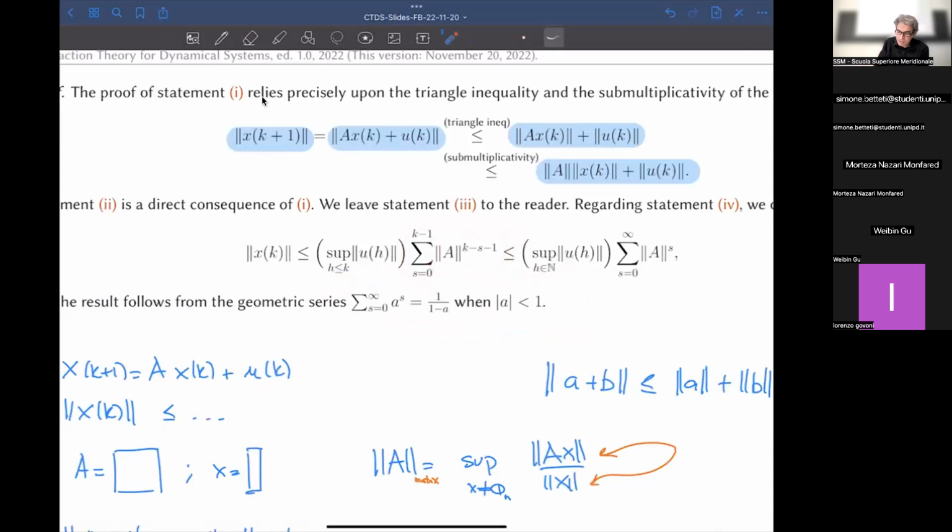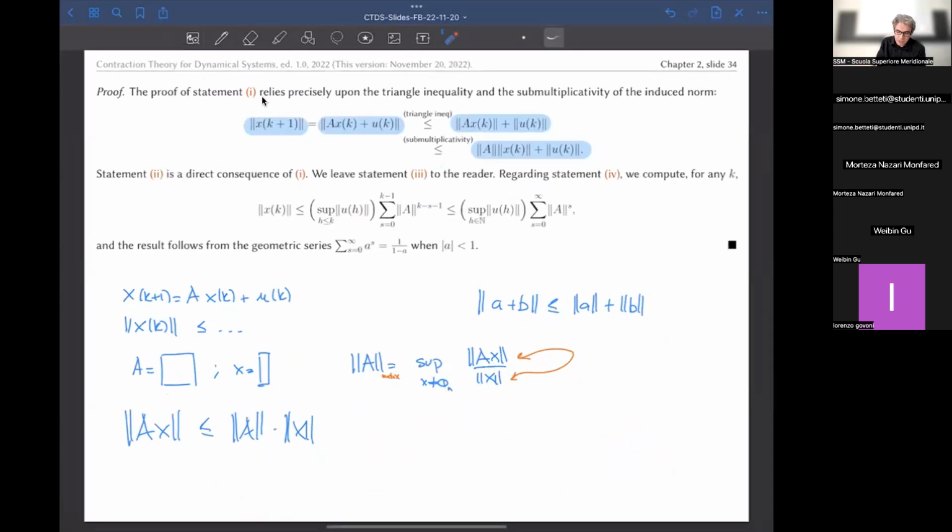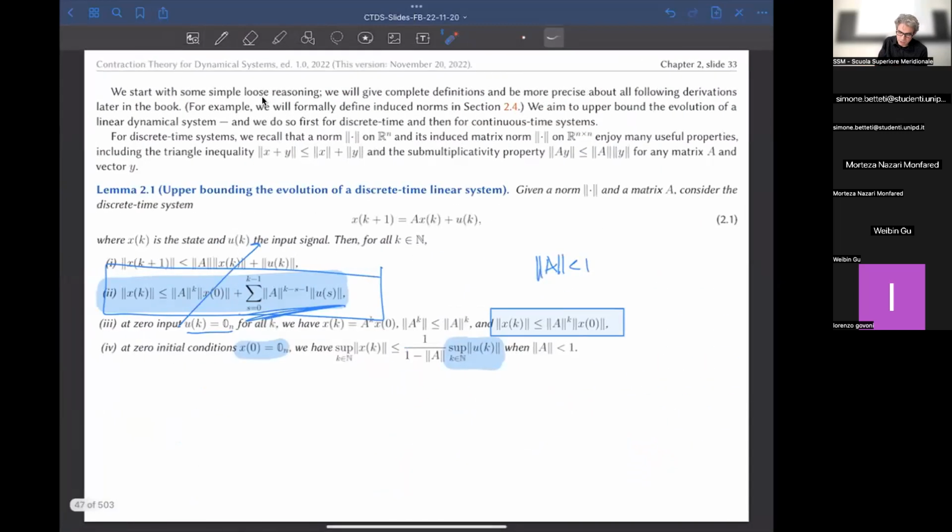But if I just let that go to infinity, I just upper bound that by getting k going to infinity, then what I obtain is this upper bound here.